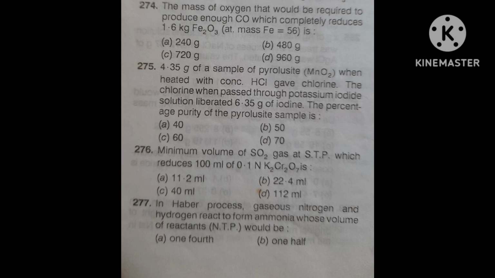Second reaction, this CO plus Fe2O3. You have to write the reaction. This will be the balanced equation: 3CO plus Fe2O3 will give you 2Fe plus 3CO2. Now you got the CO2.